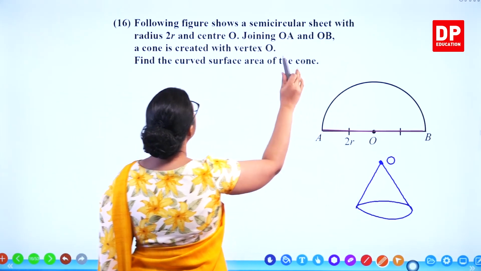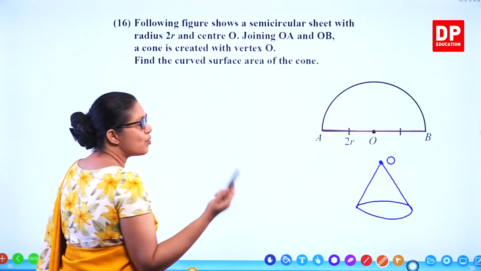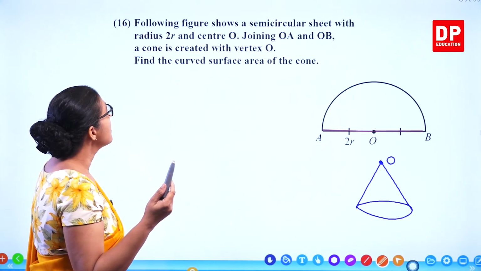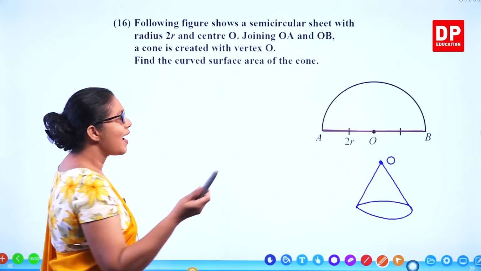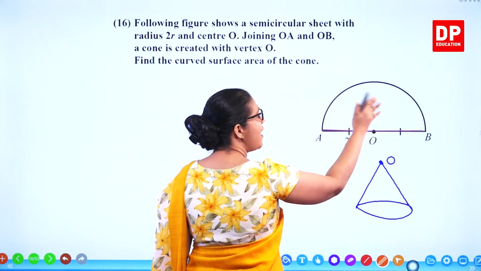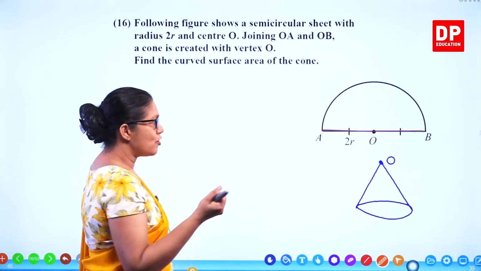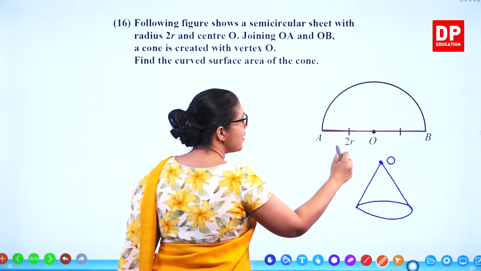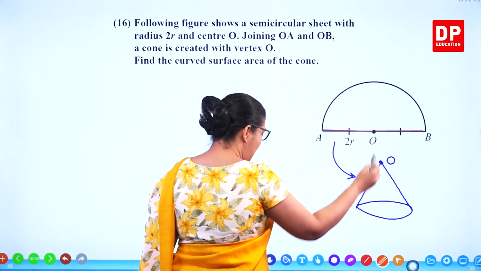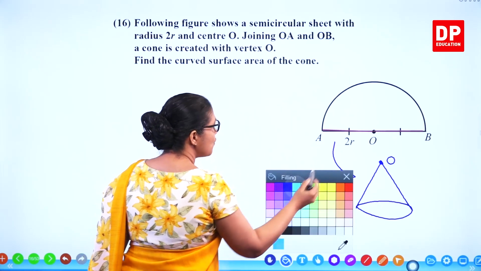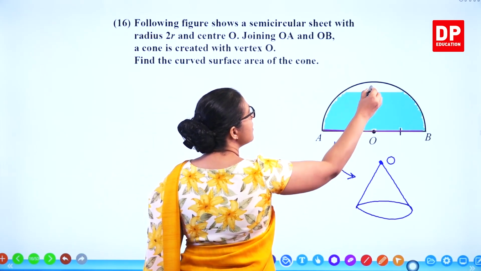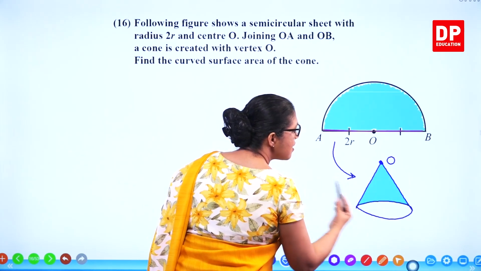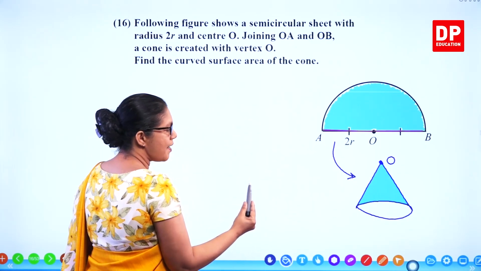So basically you don't need to convert to a cone and find the radius of the cone. Straight away, if you want the curved surface area, you can use the area of the semicircle, because you are taking this one and creating the cone. So this to this. So the same area you get. This area becomes the curved surface area.